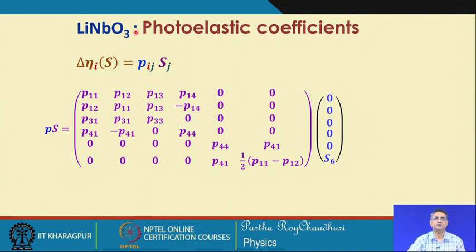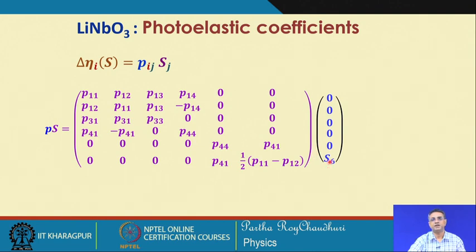Therefore, for this lithium niobate crystal, the strain optic tensor, the photoelastic coefficients, will appear in this form, and the change in the impermeability, this tensor P into S, we have seen will have this form.